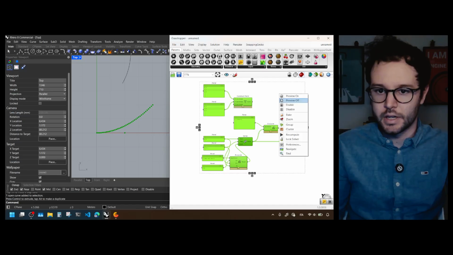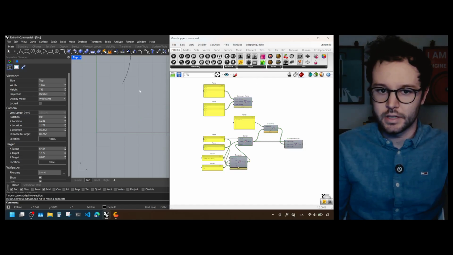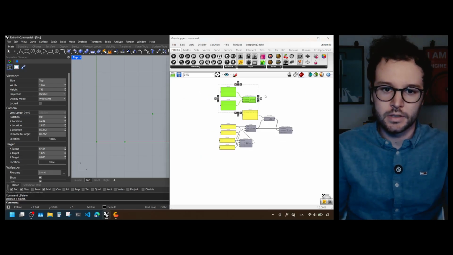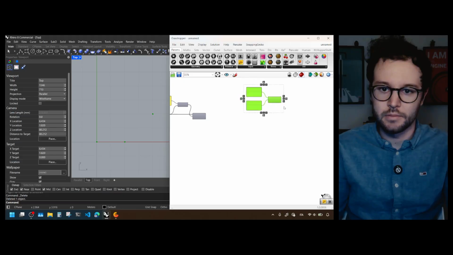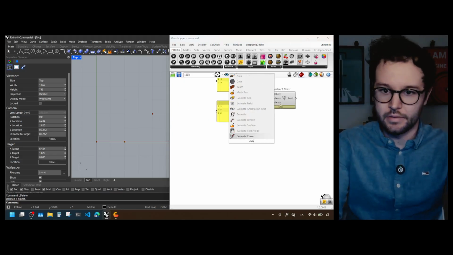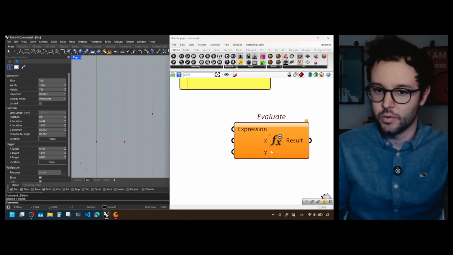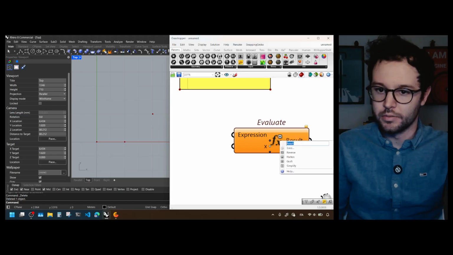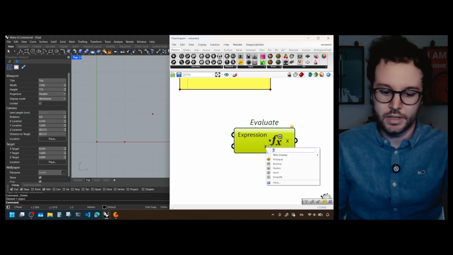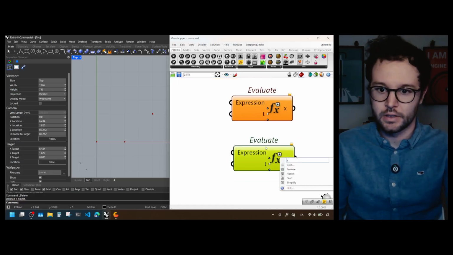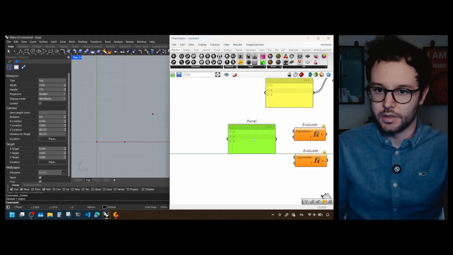We will just hide this stuff we already did. We can keep the points actually because they are the same. Let's use again the evaluate expression, but instead of using x and y, we will compute x as a function of t and y as a function of t. We can now use an expression.